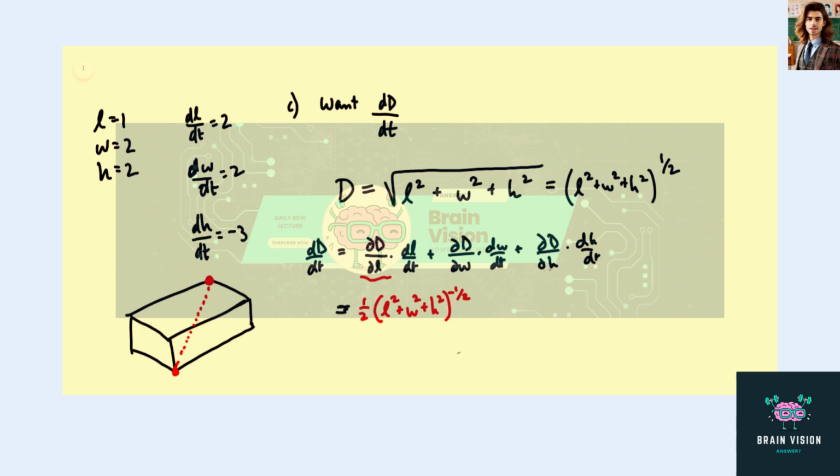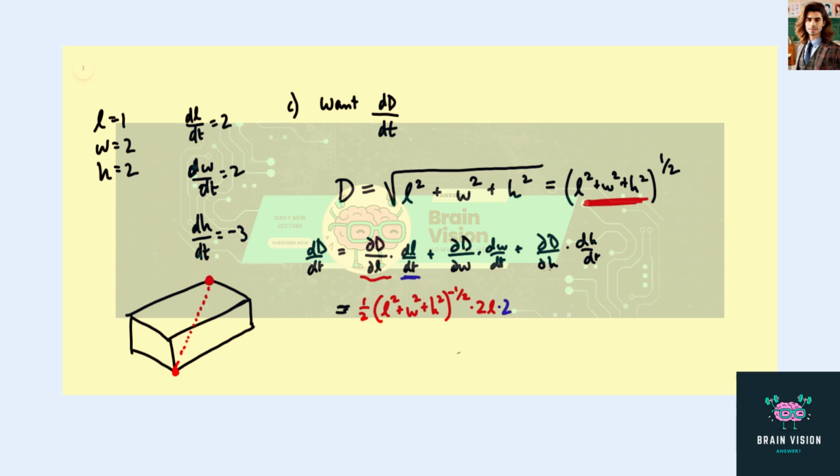Now we'll have to be a little careful. Chain rule tells us we need to multiply this by the derivative of that quantity inside. Now that derivative with respect to L, if L is our only variable, we just get 2 times L. So that is the partial of D with respect to L. And now for dL/dt, that's given to us earlier in the problem, that's 2.